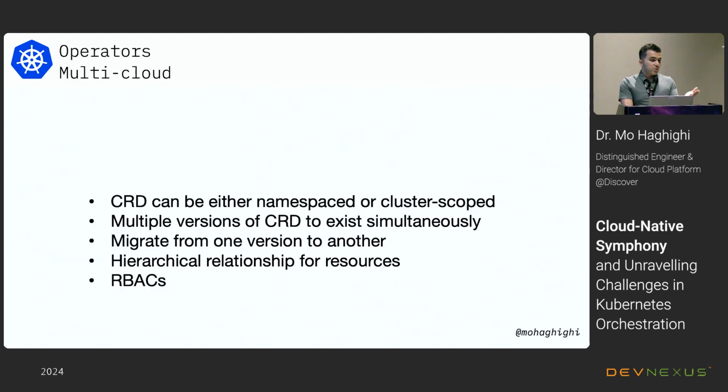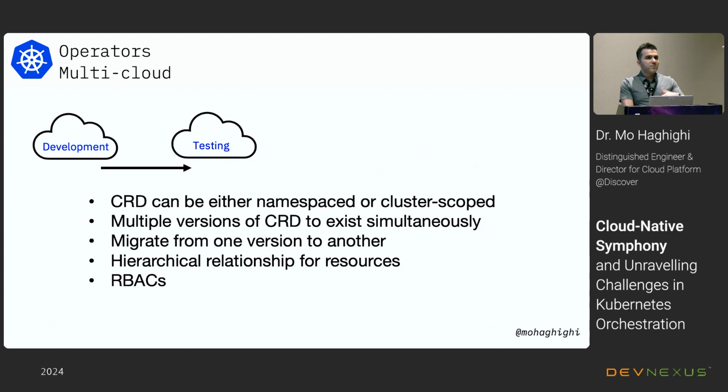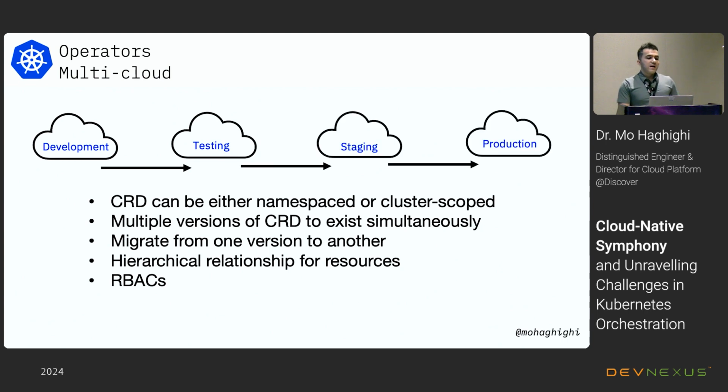CRDs, custom resource definitions, can be namespace or cluster scoped. This way, your deployment, testing, staging, and production can have different versions of your custom resources while they're extending the same set of custom resource definitions. That's quite important. For your testing, you could have a different set of custom resources defined with different RBACs, with different access management and controls.